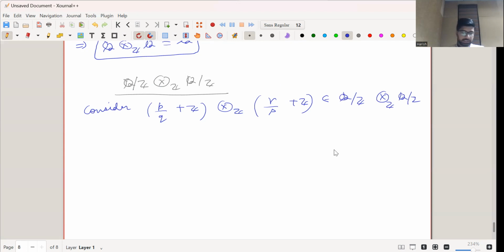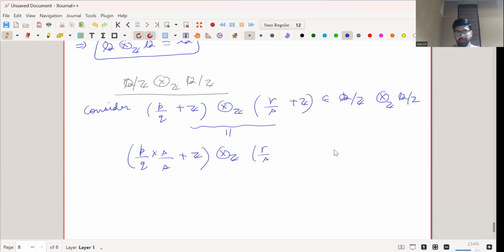So now we will do some manipulation here, some arrangement. So how would we do that? So this is same as p/q, you multiply it by s/s, + Z, tensor Z.